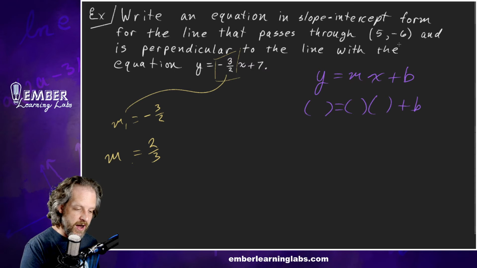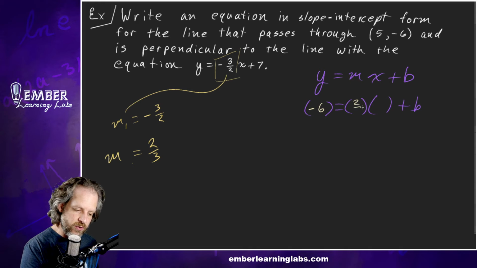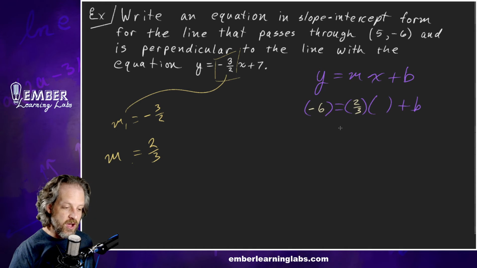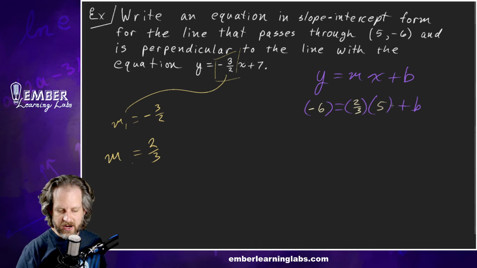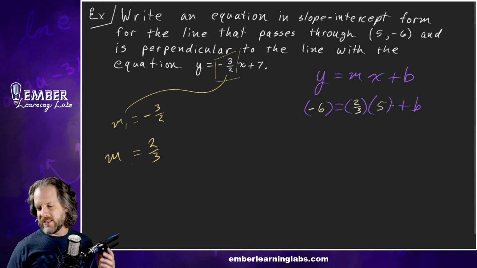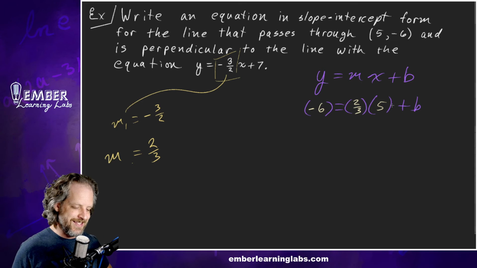So we're going to plug the y from this point, -6, in here. We're going to plug in the m that we just figured out, 2/3. We're going to plug in the x from this point, 5, right there. We got some crazy fractions, so we get to have some fun with this one.